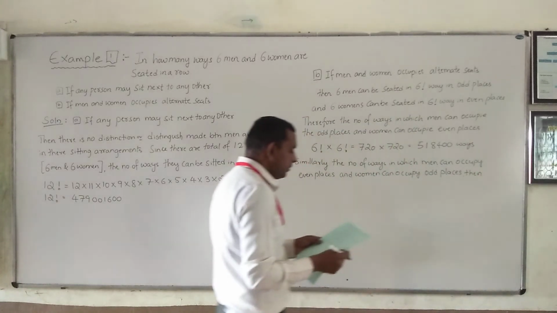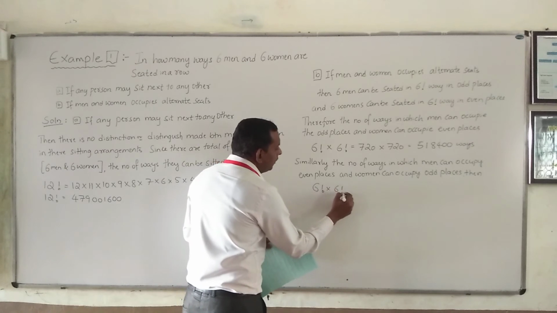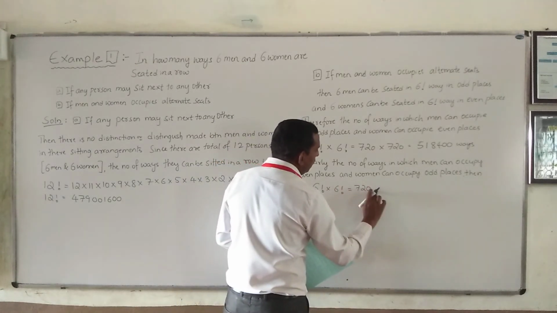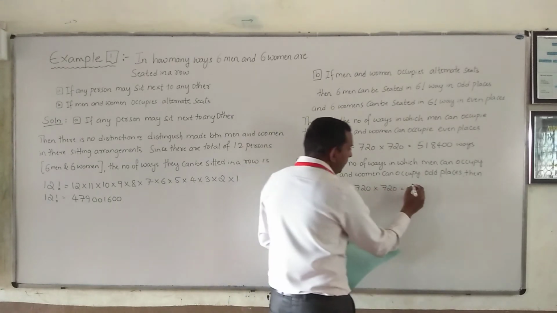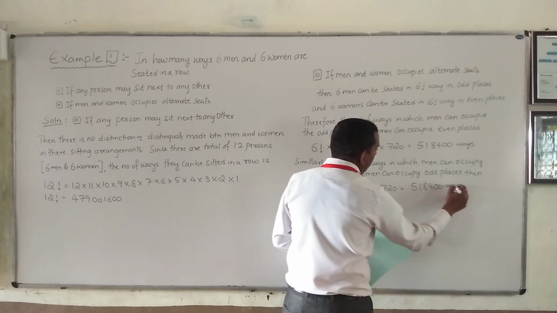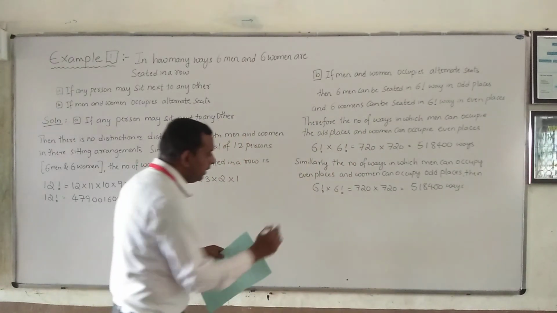Then what happens? Then again it is 6 factorial into 6 factorial. This is 720 into 720, again it is 518,400 ways.